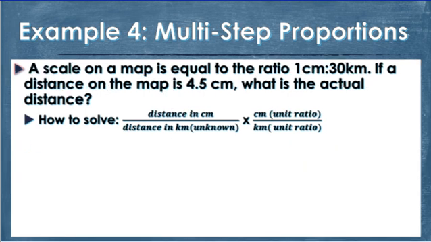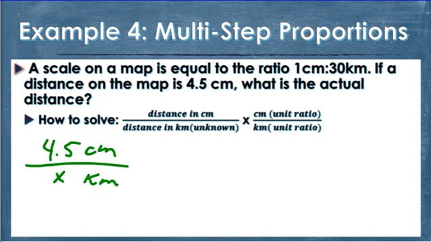Next one. Scale on a map is equal to the ratio 1 centimeter to 30 kilometers. If a distance on the map is 4.5 centimeters, what is the actual distance? So 4.5 centimeters. Distance in kilometers, we don't know. But the ratio is 1 centimeter over 30 kilometers.